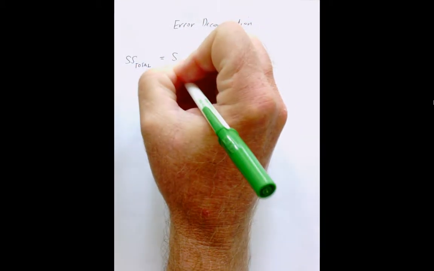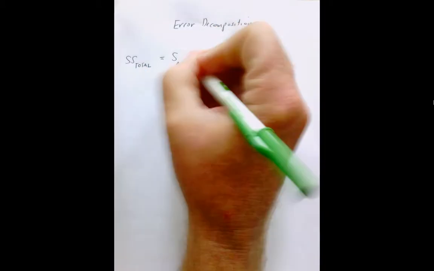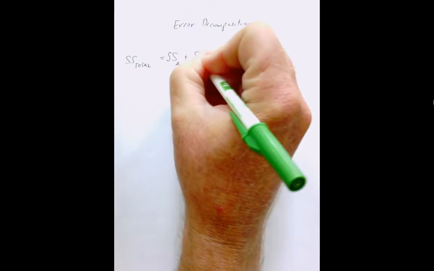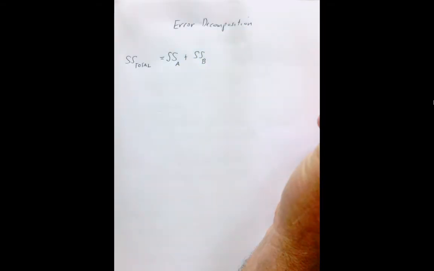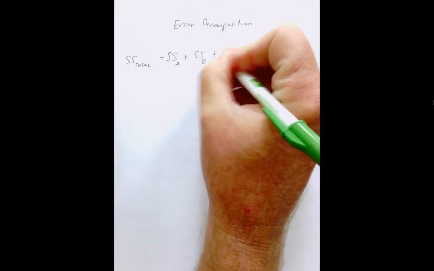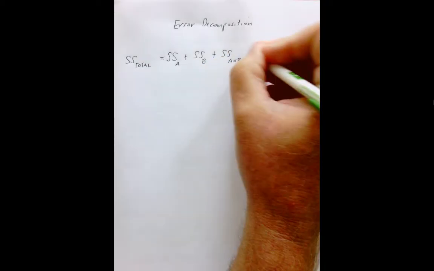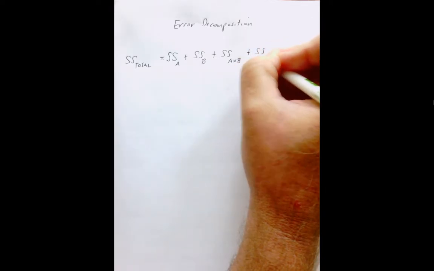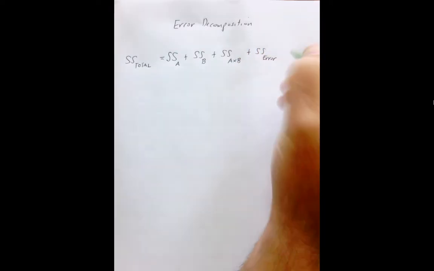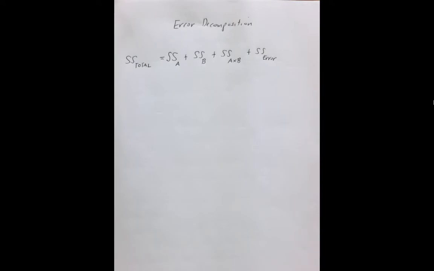The sum of squares for factor A, plus the sum of squares for factor B, plus the sum of squares for the interaction, and plus the sum of squares, obviously, for the unexplained variation in our model.